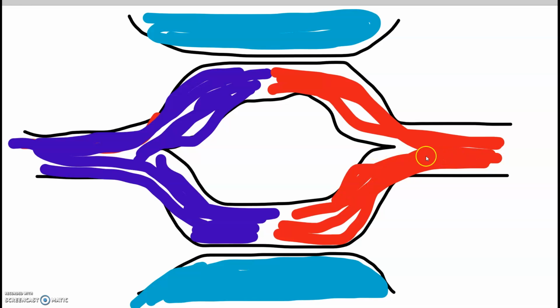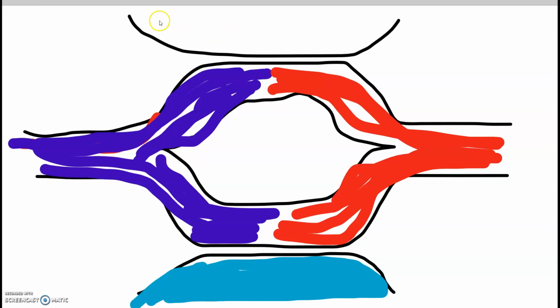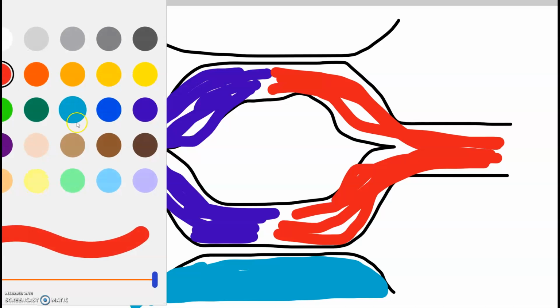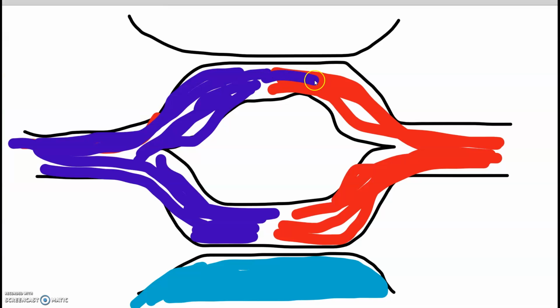Now, supposing for a second this alveoli did not have any oxygen in it. Well, that would mean that the body is just going to get more blue blood coming in like this.